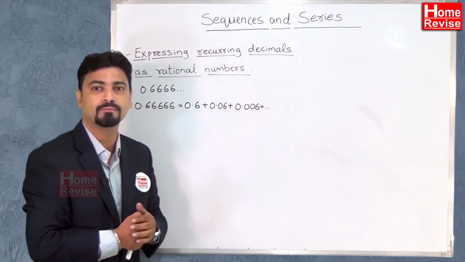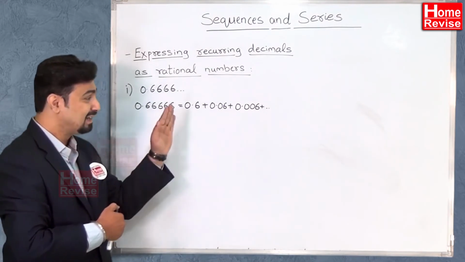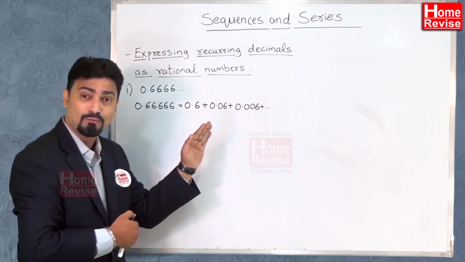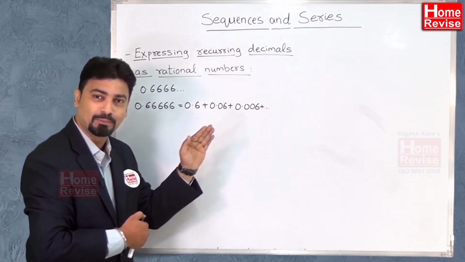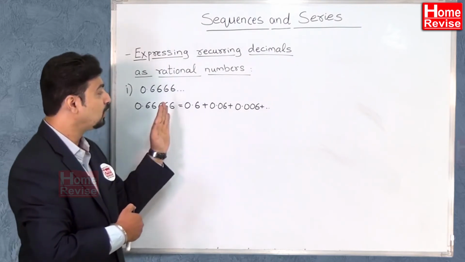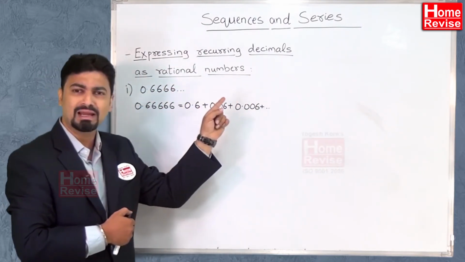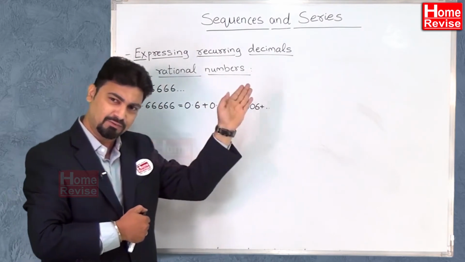0.0006 and so on. So I can say that this is a sum of terms of a geometric progression, that is GP, and we are going up to infinity because this is not ending, correct? Recurring means up till infinity.